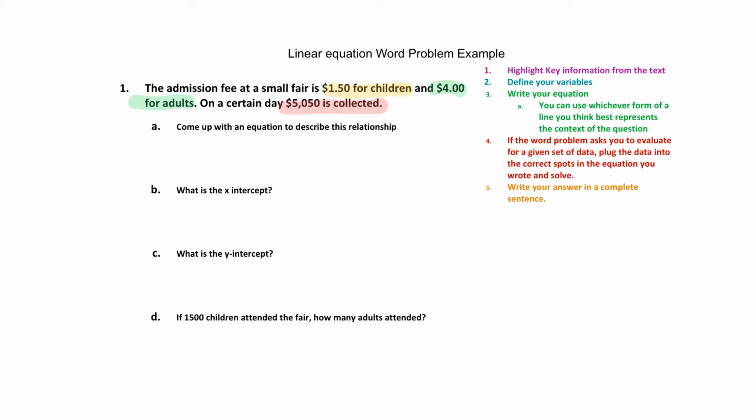Now, my next step in solving this problem is to define my variables. What I mean by defining my variables is I need to write let x equal number of children.